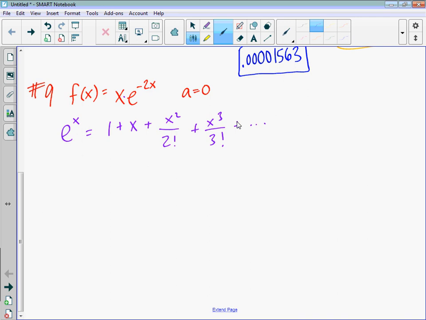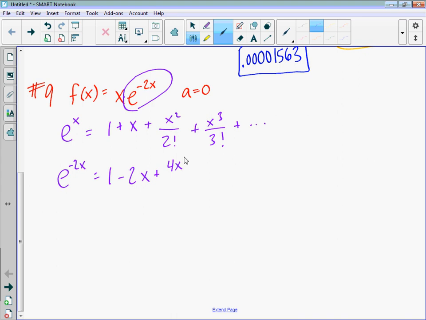Sometimes it's just way easier. And then I'm going to get e to the negative 2x by doing what? Yeah, substituting negative 2x in for the x's, so we get 1, and instead of plus x, it's minus 2x. This one will become positive because it's squared. And 2x is going to turn into actually what, when we square it?